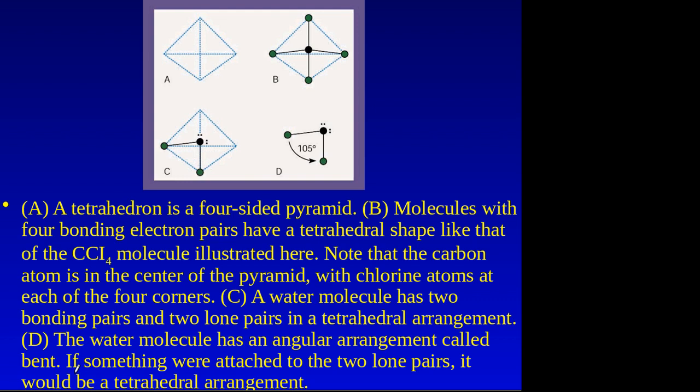A water molecule has two bonding pairs, and so it makes this kind of flat tetrahedron, right, with a 105-degree angle. So it's showing a carbon chlorine pattern here, and then it's showing a water molecule here.